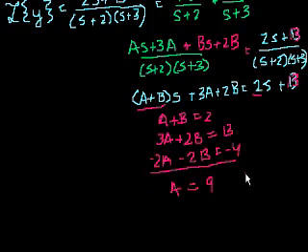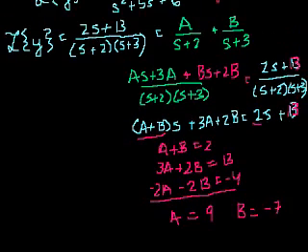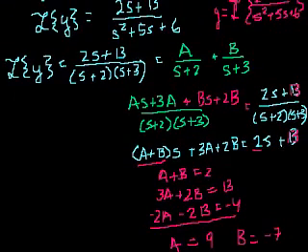Great. If a is equal to 9, what is b equal to? b is equal to 9 plus what is equal to 2? Or 2 minus 9 is minus 7. And we have done some serious simplification, because now we can rewrite this whole expression as the Laplace transform of y.